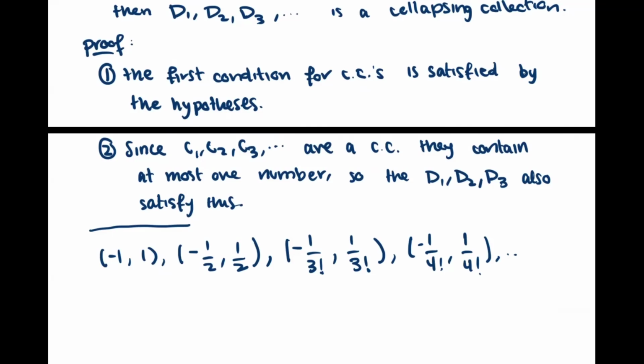So for example, you could argue with the thing that we just proved about subsets. This is a subset of -1/3 to 1/3, because 3 factorial is bigger than 3. And so you could conclude that this is a collapsing collection from the facts that we just proved. I don't know if that answers your question?